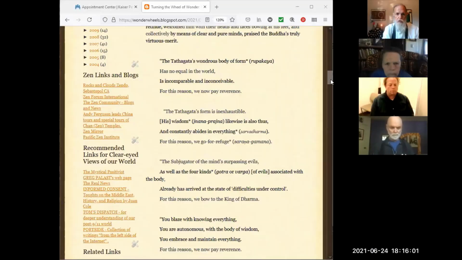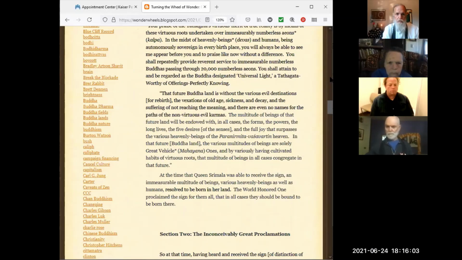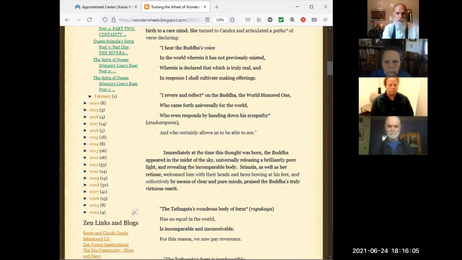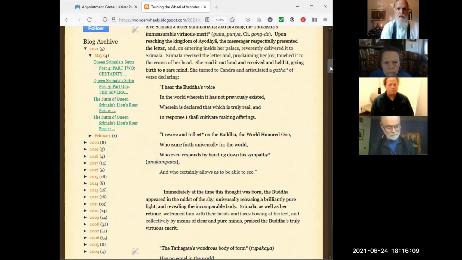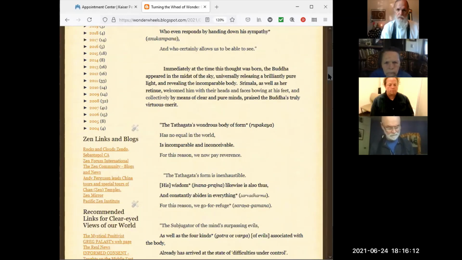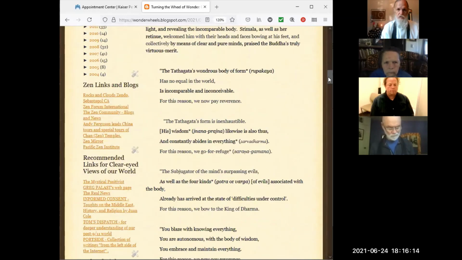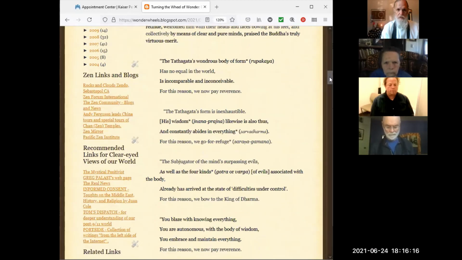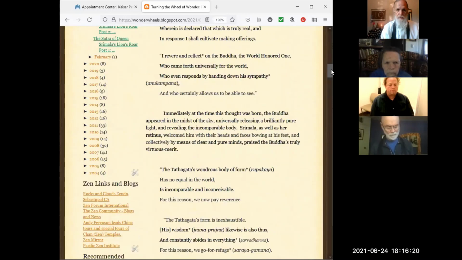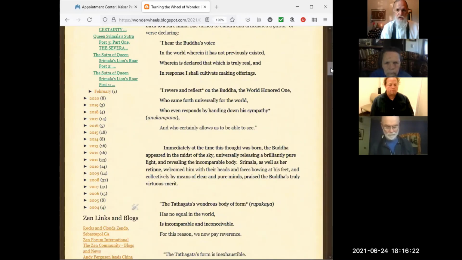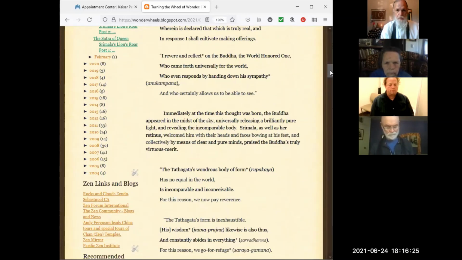So we're in section 2. We remember we've gone through section 1, the introductory setup: Queen Srimala's awakening on reading the letter from her parents, and then the appearance of the Buddha upon her initial 2 verses of awakening.